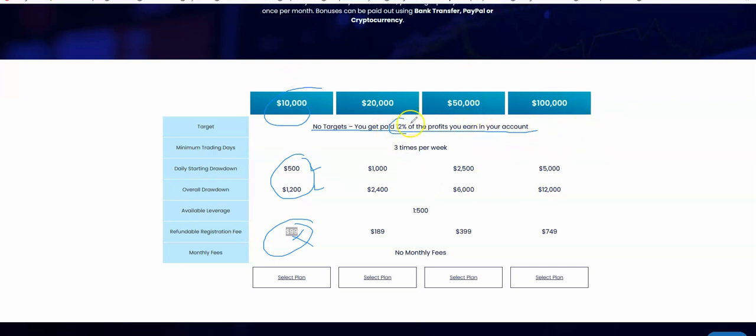Every time you make any money, they will give you 12%. Even though you make $10 today, you can withdraw 12% of that. Even though you make $100 on this account, you can withdraw 12% of that. You just need to be calculating 12% on whatever you make. That's what you get on this account.